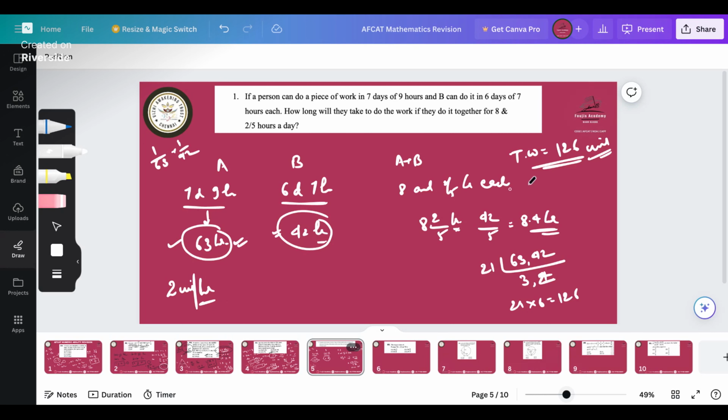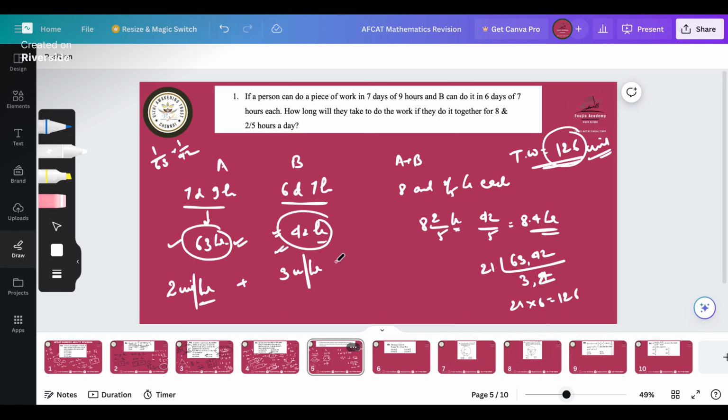42 hours to do 126 units. So that means B is faster. A takes 63 hours, but B takes only 42 hours to complete this total work individually. So B is doing 3 units of work every single hour, right?